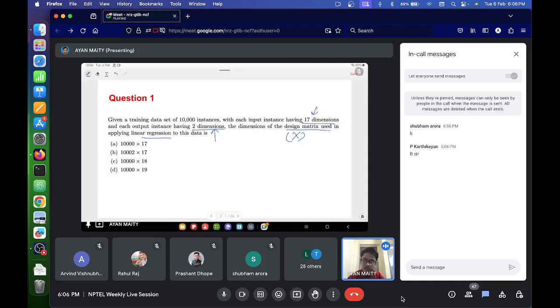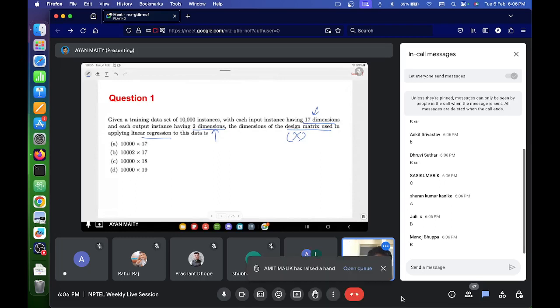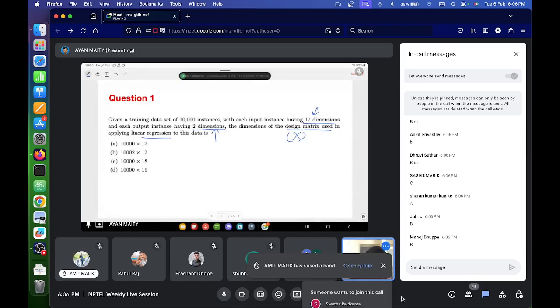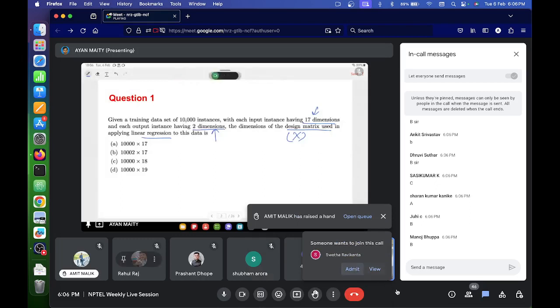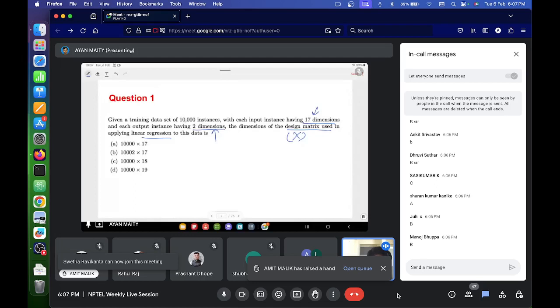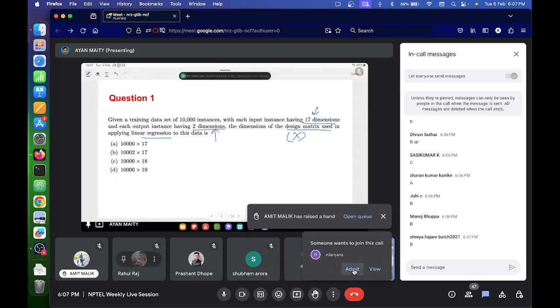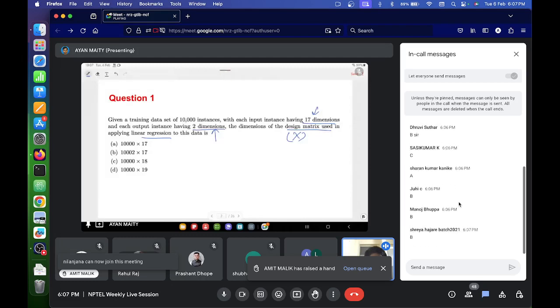P Karthikeyan is also saying option B. Ankit Srivastav is saying B. Dhruvi Sudhar is saying B. Sashi Kumar is saying C. Sharan Kumar Kanike is saying A. Juhi and Manoj are saying B. Shreya Hazare is also saying B. So most of the answers in the chat are option B. I got one option as C and one student is saying A.